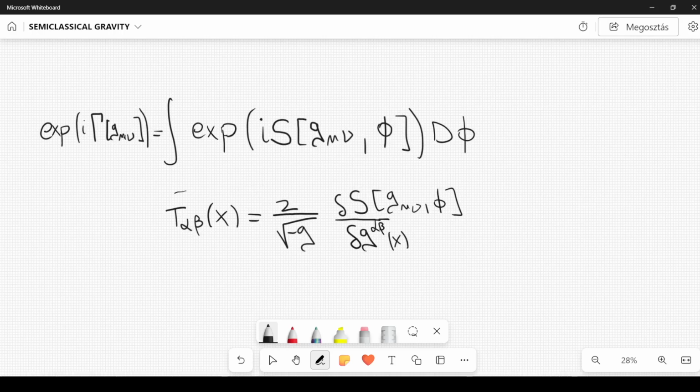By defining the energy momentum tensor like this, one derives the well-known Einstein field equations.